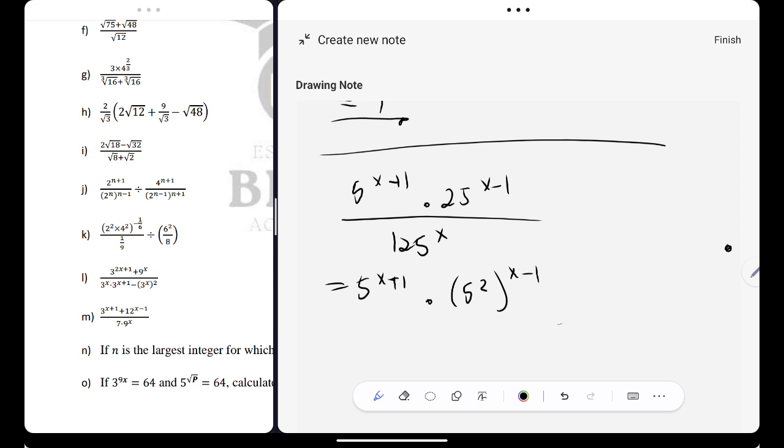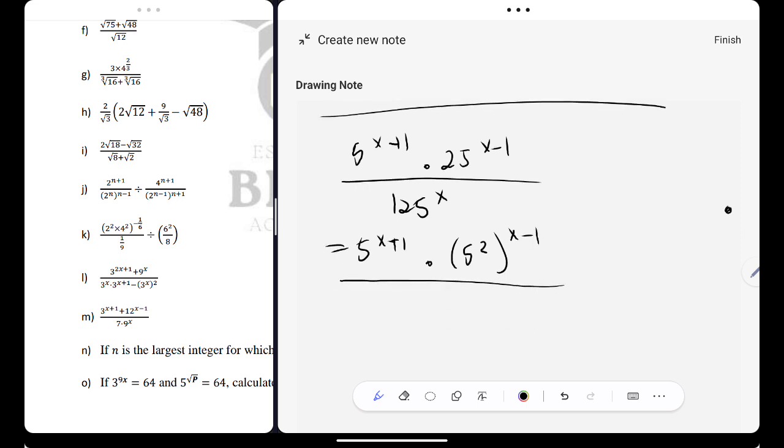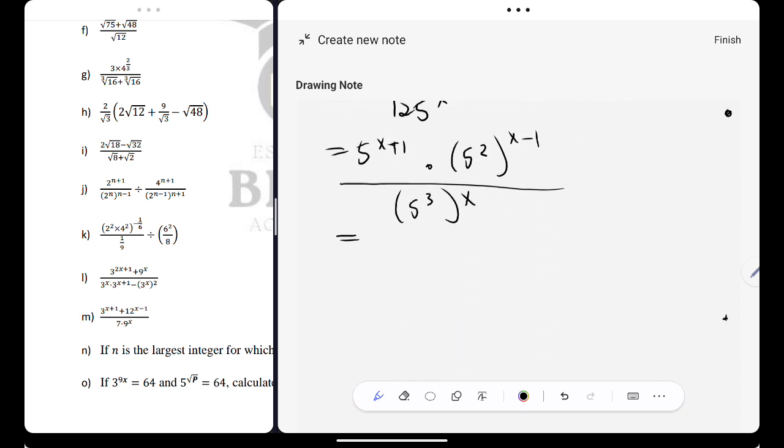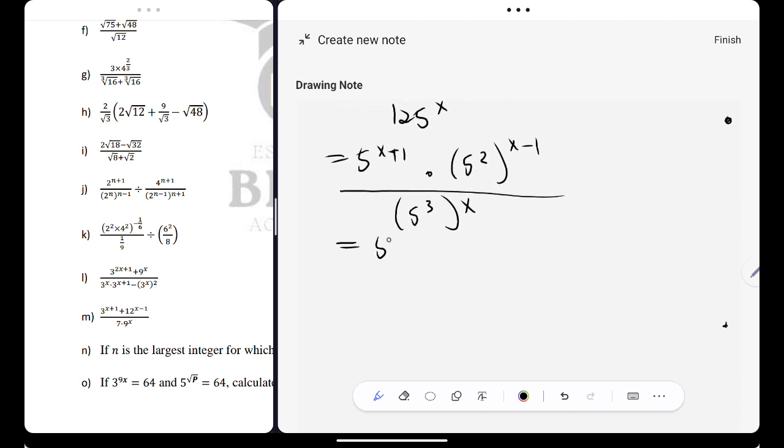I'll have x minus 1, and then at the bottom 125 is the same as 5 cubed, all raised to the power x. All together. So I'll have 5 to the power x plus 1 multiplied by 5 to the power 2x minus 2 all over 5 to the power 3x.